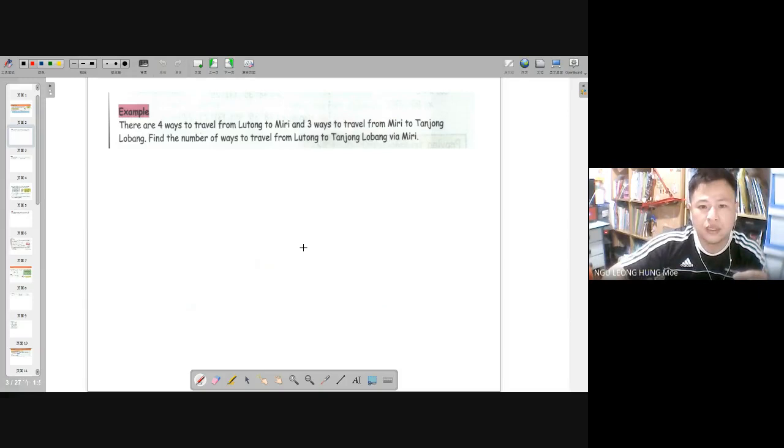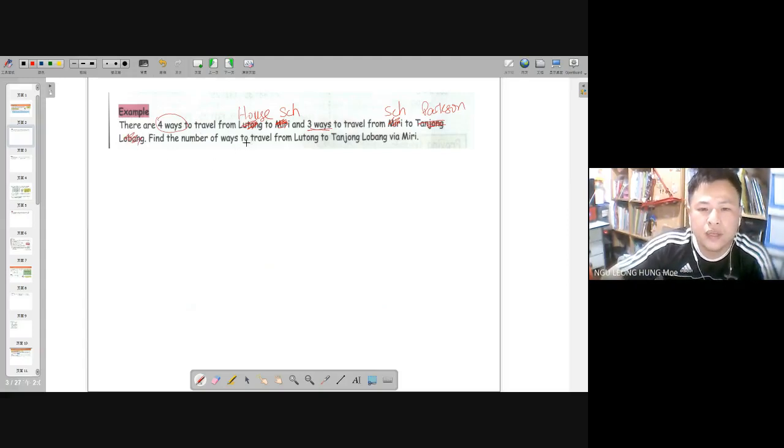So start from here, and 3 ways to travel from Miri to Tanjung. Let's say this one is your house, this one is Miri, house to school. You have 4 ways. Then you have 3 ways from school to, let's say, Parkson.